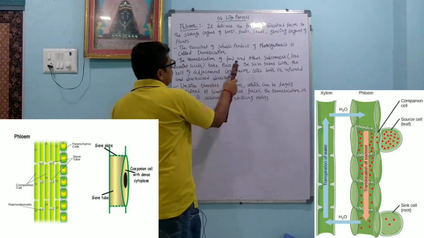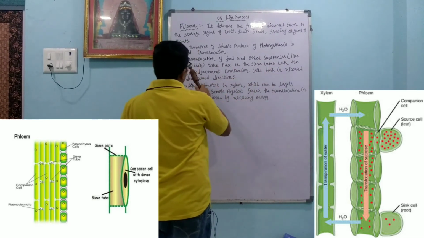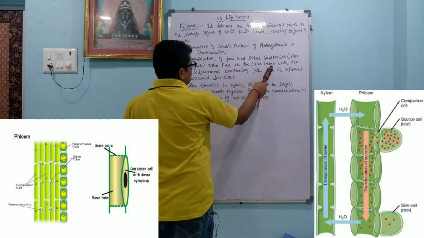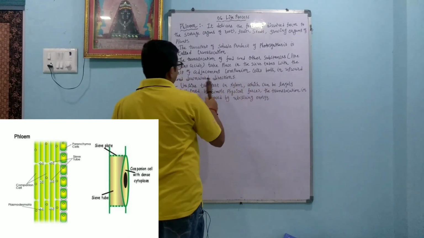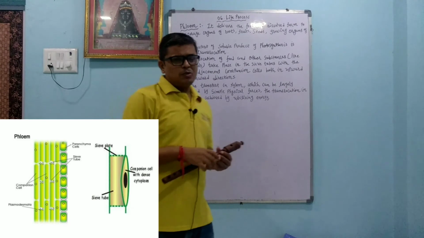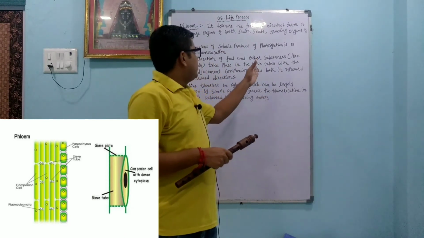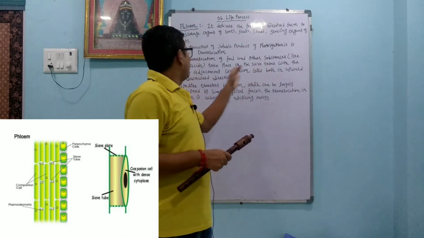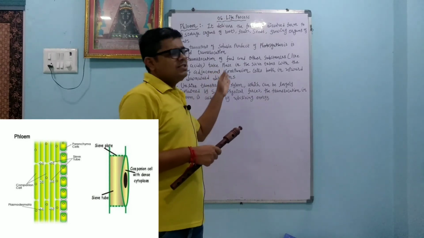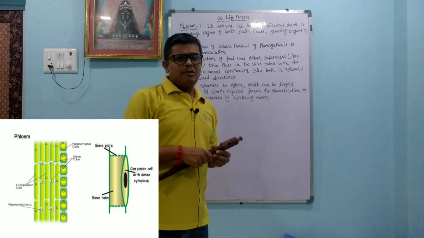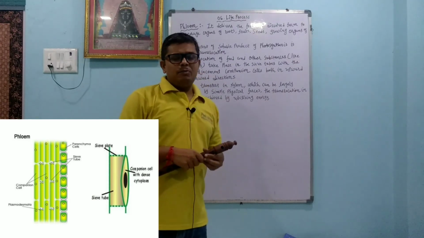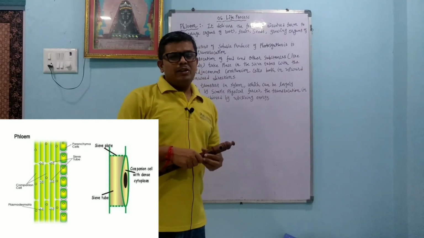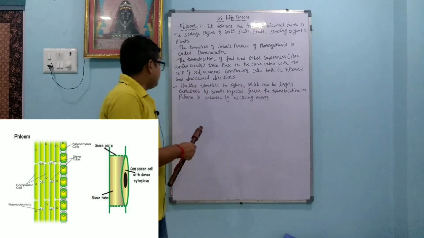The translocation of food and other substances like amino acids takes place in the sieve tubes with the help of adjacent companion cells, both in upward and downward direction.